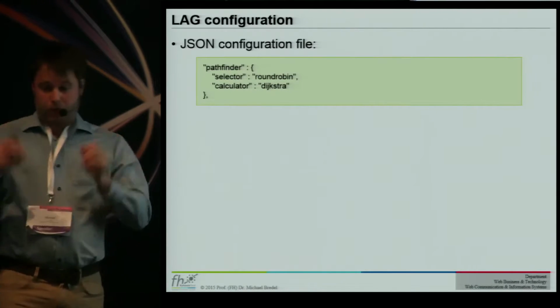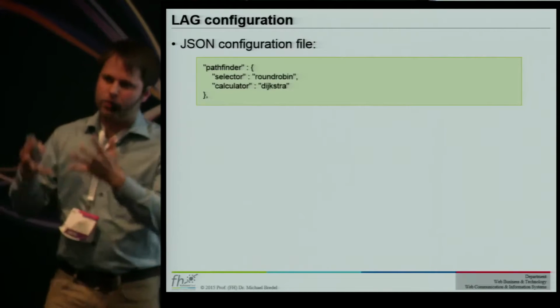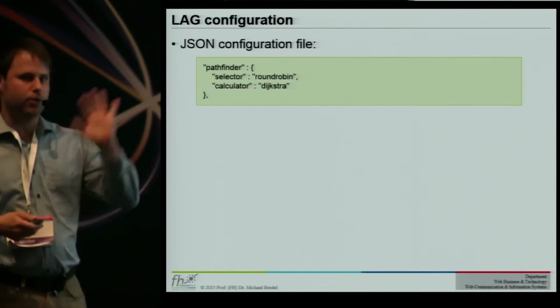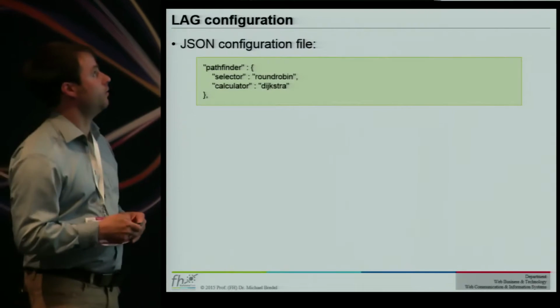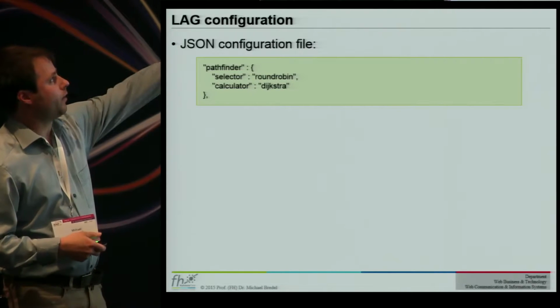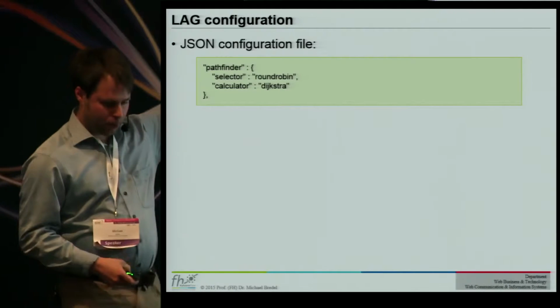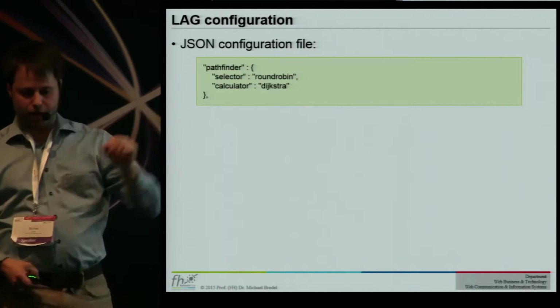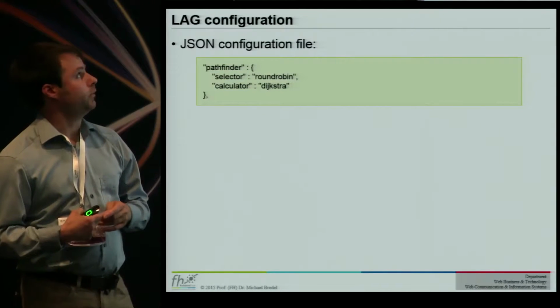So we have a configuration management to do that. We're using JSON. You can use anything else you like. You can use the CLI to do that. And in general, it's just that we can configure stuff there in a neat way, basically.